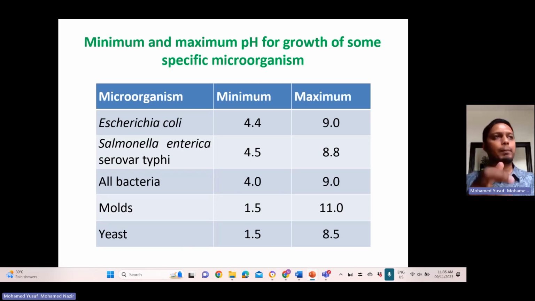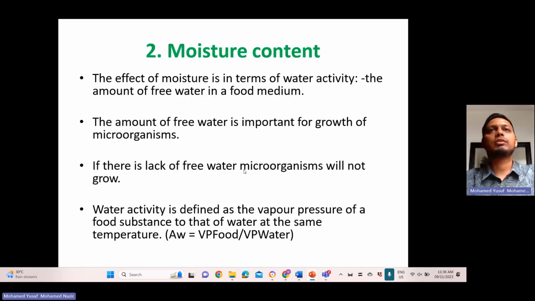That's why if we prepare a medium for yeast and mold, we normally make it acidified. We normally set the pH to 3 so that it will inhibit the growth of most bacteria. So we can call it a selective agar as well.